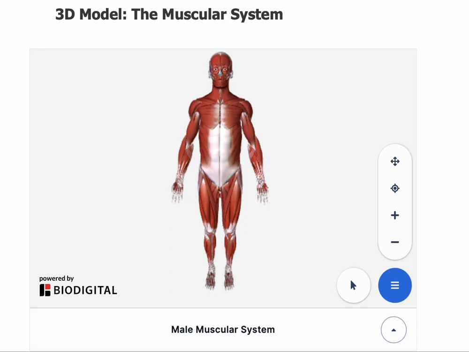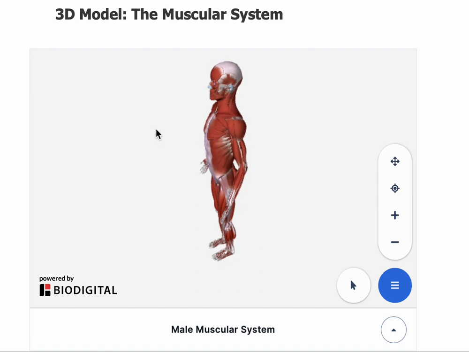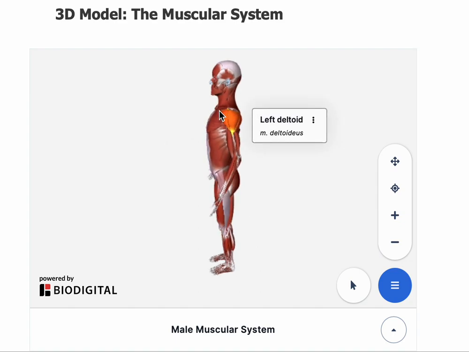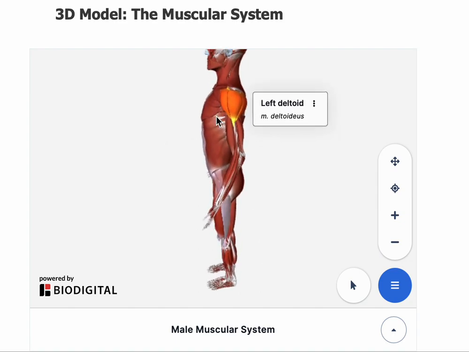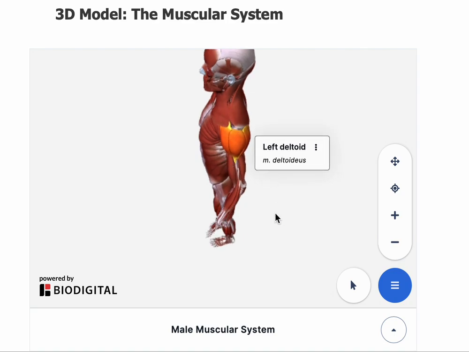The muscles involved in this motion usually include the deltoid and the supraspinatus muscle. So you can see here, we zoom in, the deltoid is this muscle right here on your shoulder. Now, the other muscle, the supraspinatus, can be seen below the deltoid.